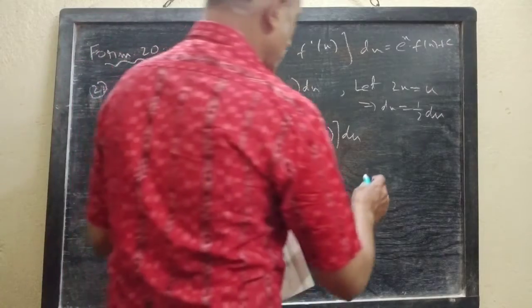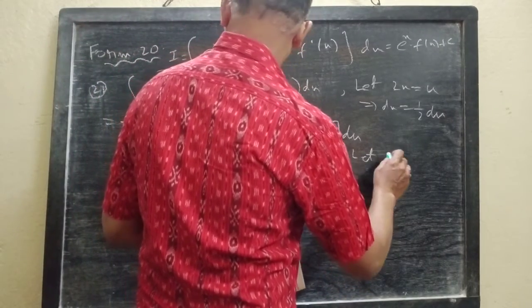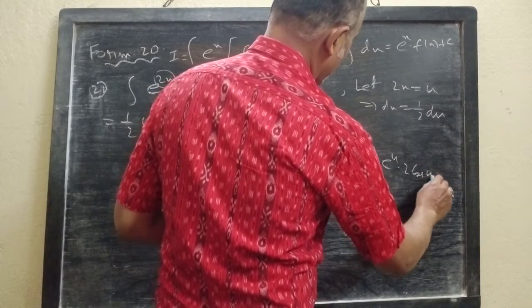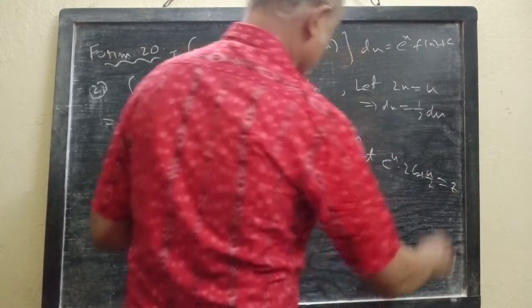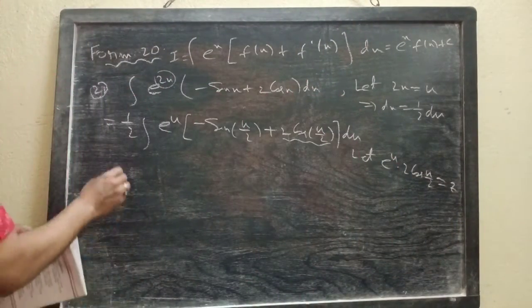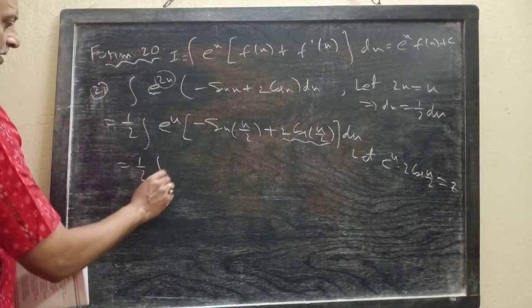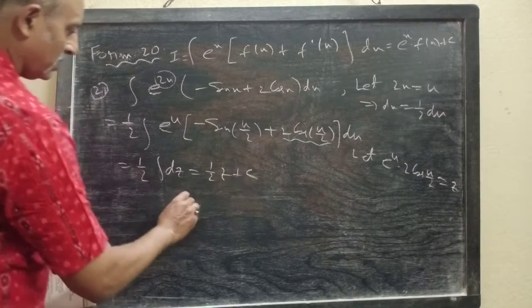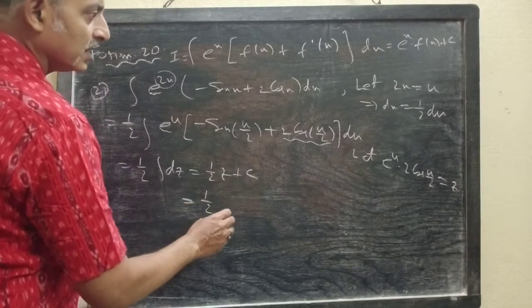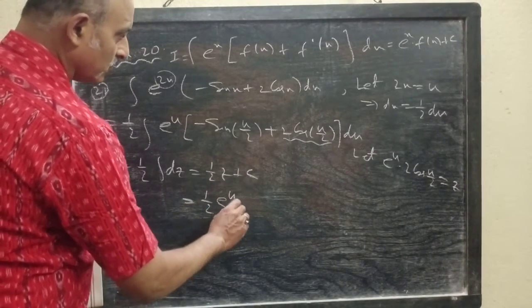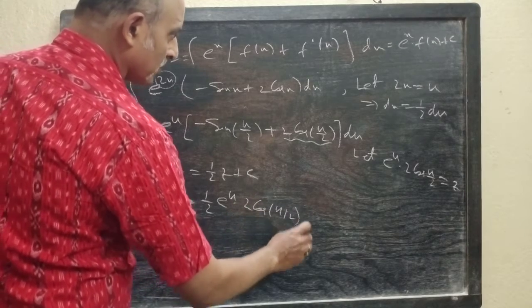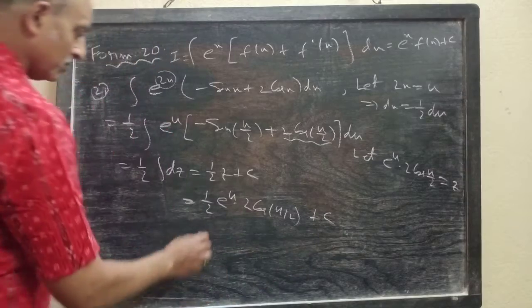So here your substitution will be, let e to the power u into 2 cos of u by 2 as z, do differential, you will get half integration dz, half z plus c. So answer will be half, z is e to the power u into 2 cos of u by 2 plus c.